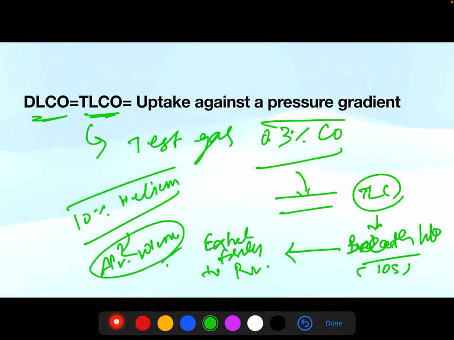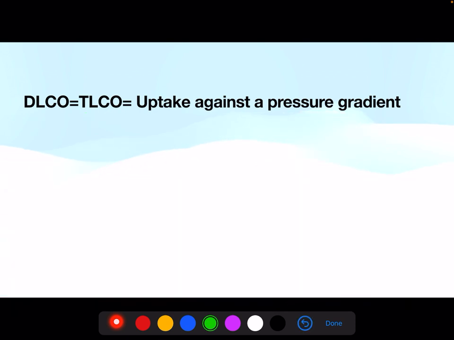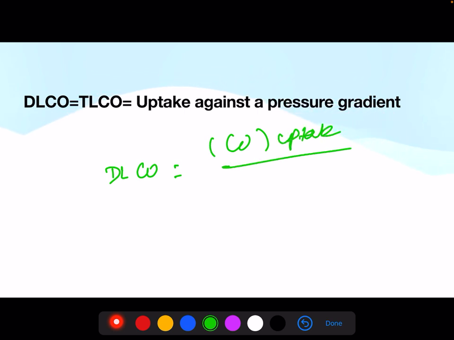Hope you are clear. So now we get DLCO equals carbon monoxide uptake divided by CO pressure gradient.